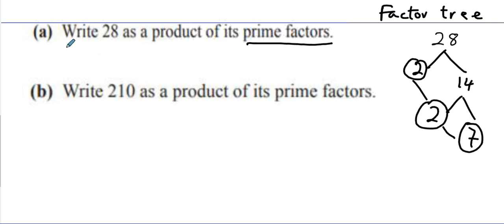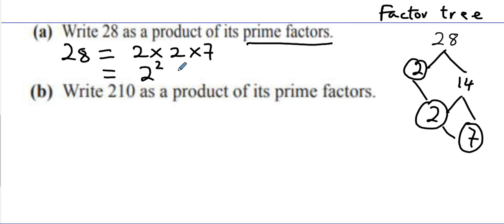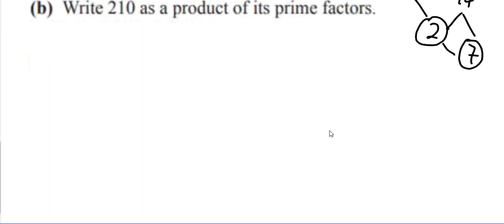So 28 as a product of prime factors will be equal to 2 times 2 times 7, or you can write it in the form of powers. This will be 2 power 2 multiplied by 7. I hope that helps. Then we go to the next question.